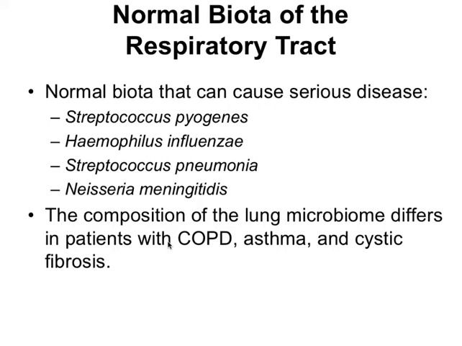The lung microbiome differs in patients that have COPD, asthma, and CF. Chronic obstructive pulmonary disease is a condition where the airflow is cut down as a result of secretions or scar tissue in the conducting division.